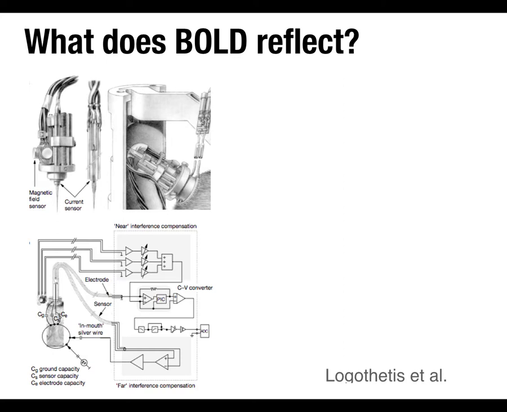And because MRI uses a big magnetic field and these gradient magnetic fields that are changing as we do the acquisition, that's all going to induce currents in your electrodes. Remember the right-hand rule: any current induces a magnetic field, but any magnetic field induces a current. So all these switching magnetic fields during MRI scanning are going to induce currents in any wire you have, and then the radio frequency pulses as well.